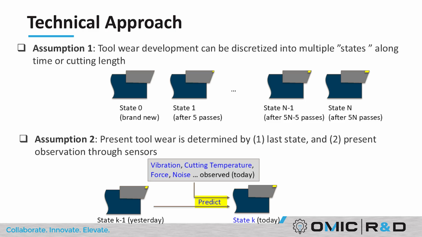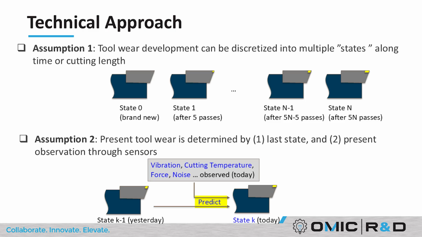Very simple. The second assumption is that the future status of the tool wear is determined by two factors. The first factor is the previous state of the cutting tool. When we are doing the next path of cutting, if in the previous path the cutting tool has already shown some tool wear, it will be different from the case when the cutting tool was brand new in the previous state.